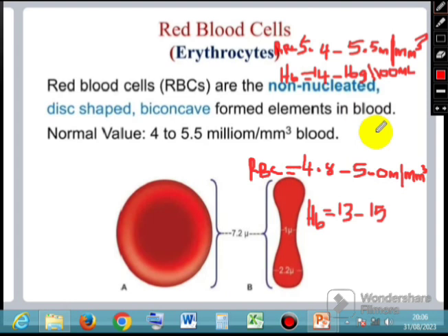Okay, don't worry. You will learn about that when you get to formation of red blood cells, and maybe you will do that in renal physiology. But erythropoietin is a hormone that stimulates the bone marrow to produce red blood cells. So that hormone is found majorly in males, stimulated by the male sex hormone.